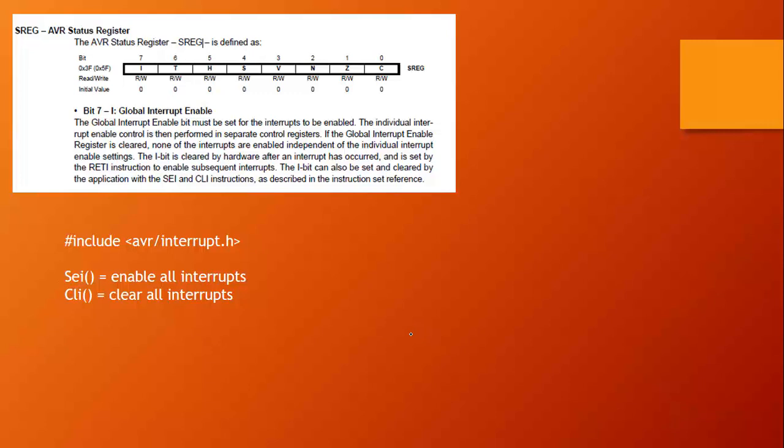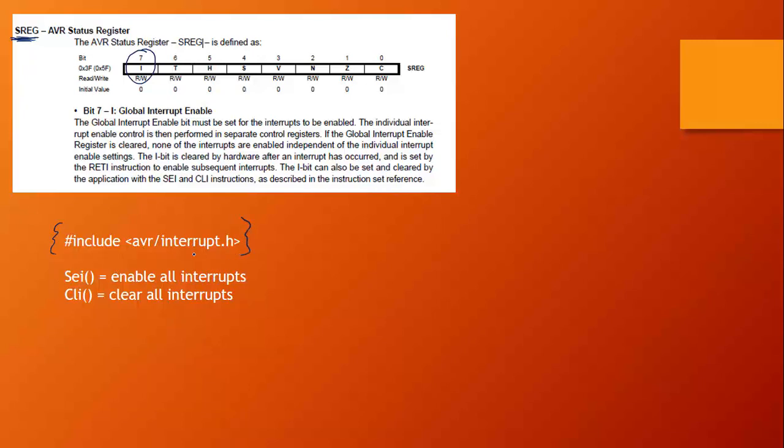Okay, the first thing I want to bring your attention to is that in order for us to use any of the interrupts on the ATMEGA controller, we have to speak to the status register and enable the global interrupts. The I bit here is the global interrupt enable, and that's located within the status register. In order to do that, we have to include a header file.